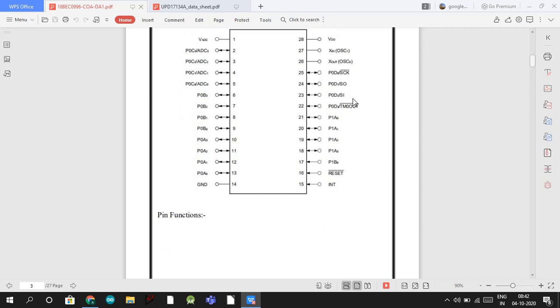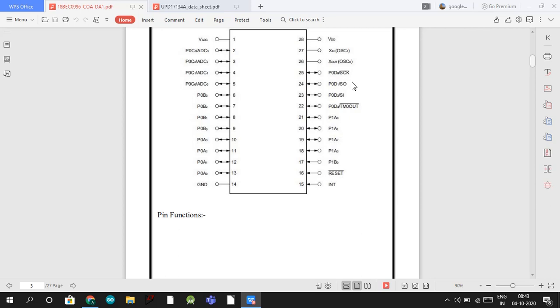Here ADC0 to ADC3 are the analog inputs for the analog to digital converter. GND is ground, INT is the external interrupt input, and OSC0 and OSC1, which are X in and X out, act as the system clock oscillation. P0A0 to P0A3 are called port 0A, and P0B0 to P0B3 are called port 0B. Here you can see the reset pin, which is the reset output.